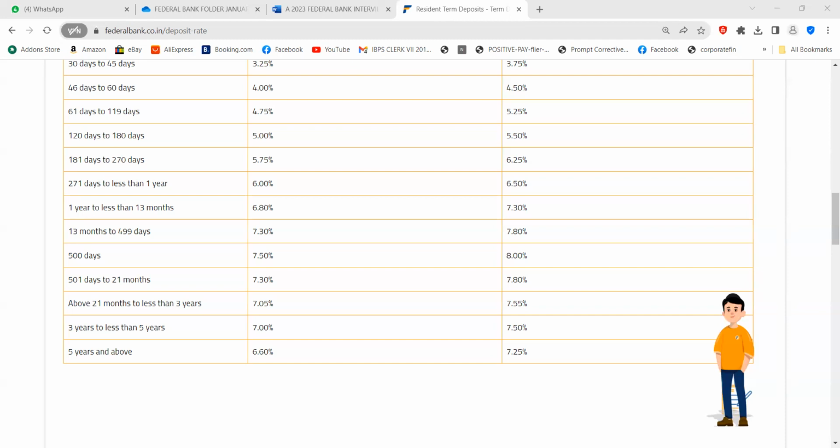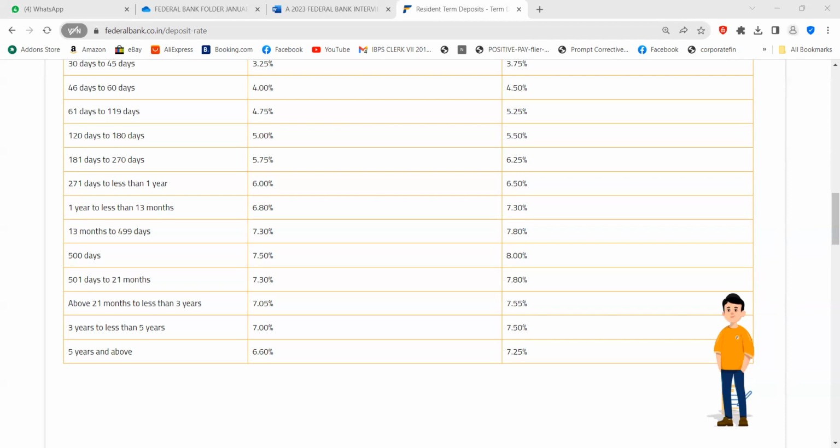You will have to tell about Federal Bank, like where its headquarters is, who the MD and CEO is, how many customers there are, how many ATMs there are, how many cash deposit machines there are. These are definite points you should be able to speak.